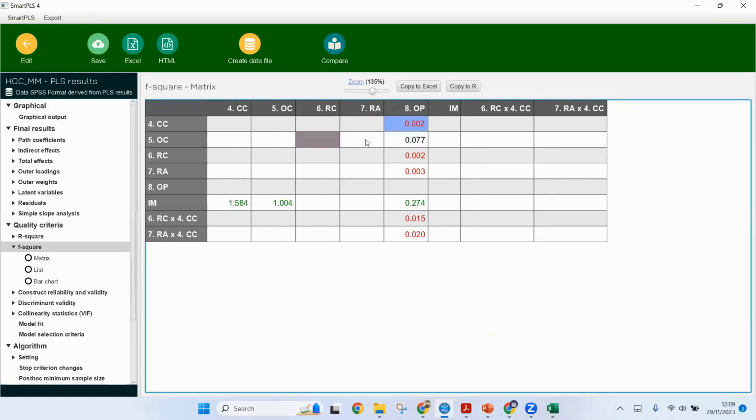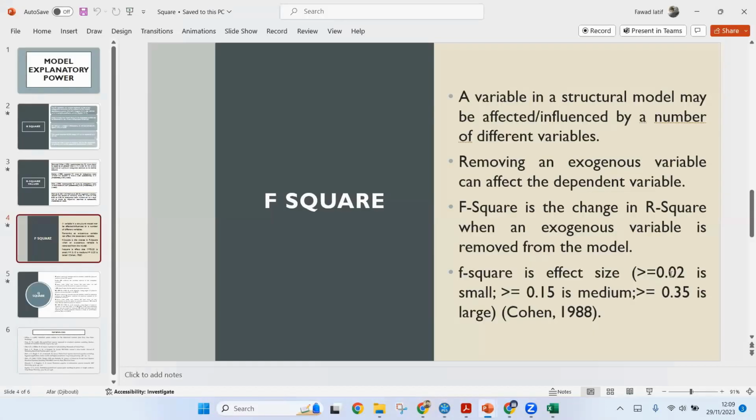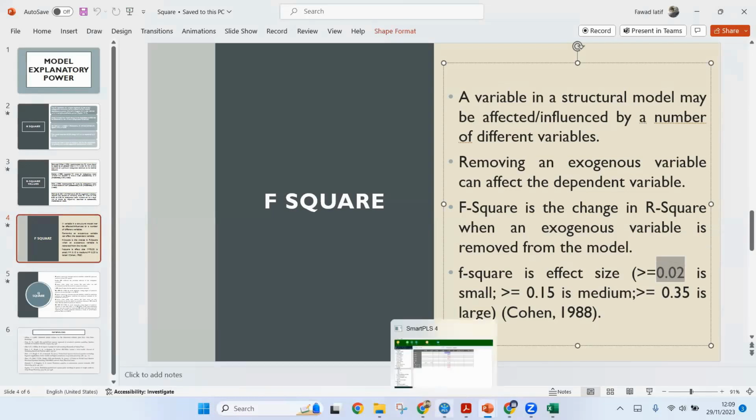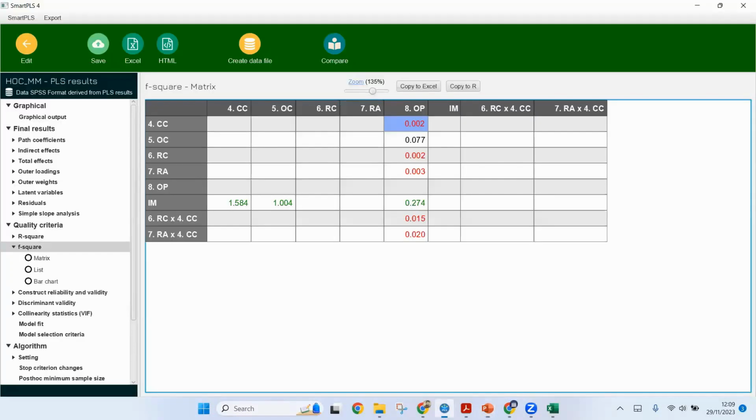Look at this. If I remove CC, it does not affect the R square of the model of the OP, because it is red, it is 0.002, even less than 0.02. So having CC or not having CC does not affect the R square value of OP.